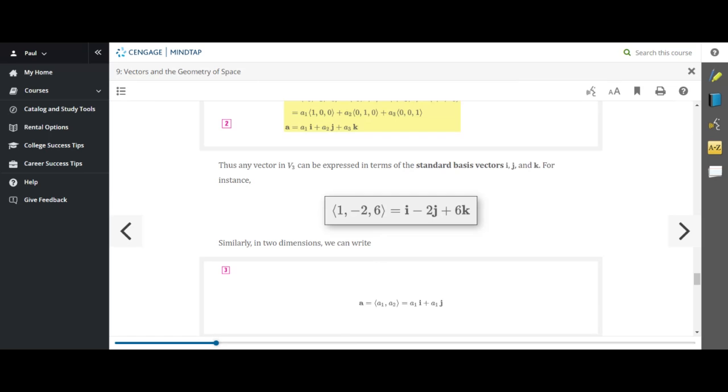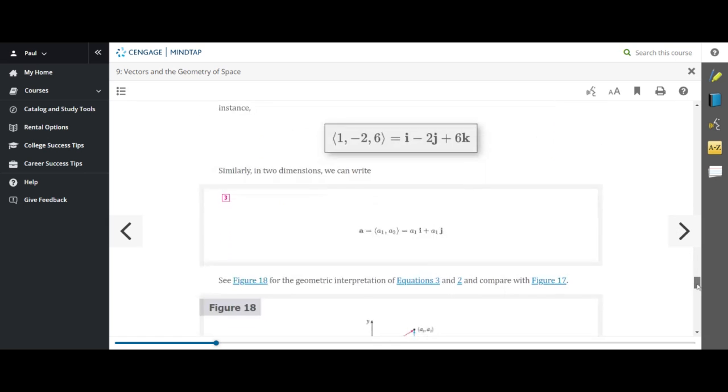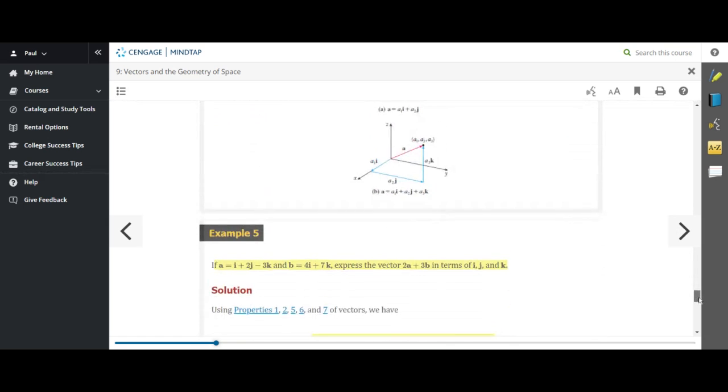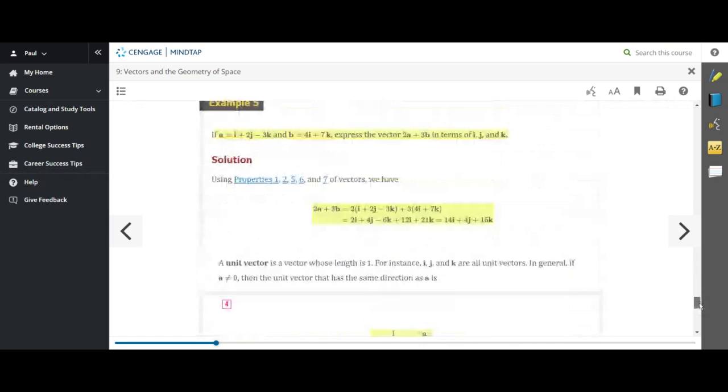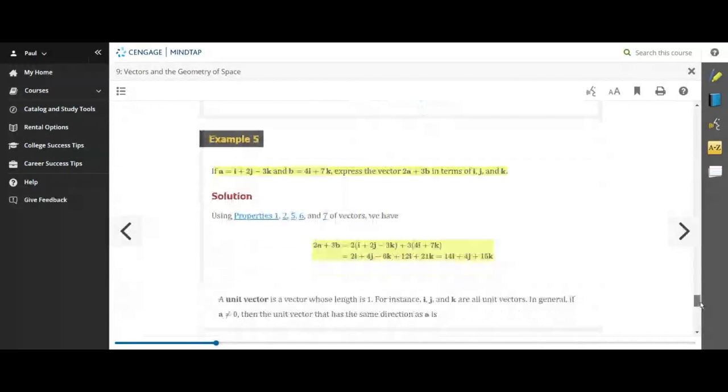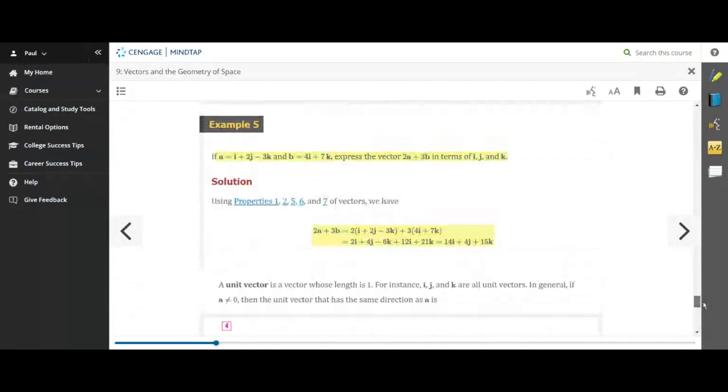But if I can be a little more efficient, save a little time, then I can give you some time to work on things in class, like homework, and students find that helpful. So let's look at this problem here. Well, no, let's go to example 5. Let's just go through these examples here.